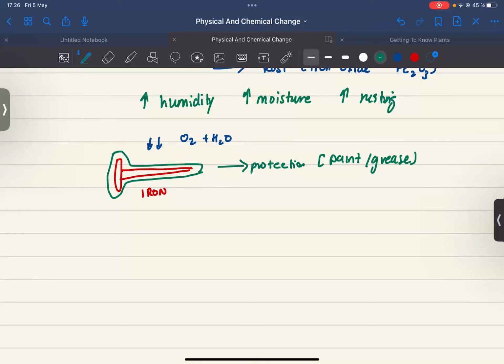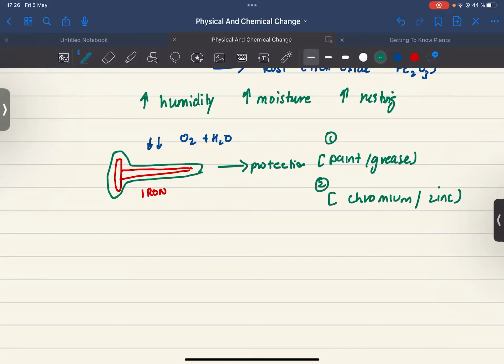Another way is to deposit a layer of metal. This is the second method: you can put a metal deposit, such as chromium or zinc, on top of iron. So you can either use paint or grease, or you can coat the iron with another metal, which is chromium or zinc.